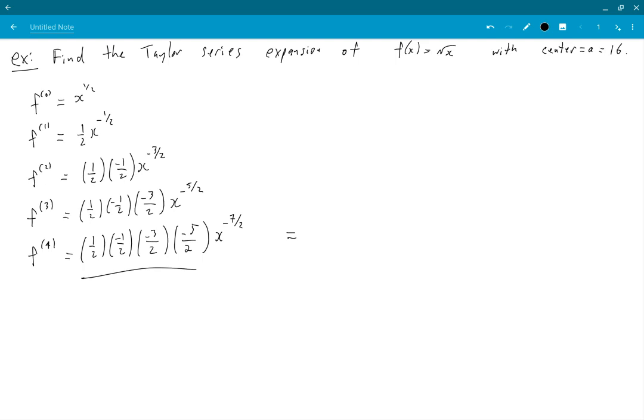Okay, I look here and I see triple negative, 3 negatives, so I'd write -1 cubed. And then I have 1 times 3 times 5 on top. And then I have 2 to the power of 4 x to the -7/2.